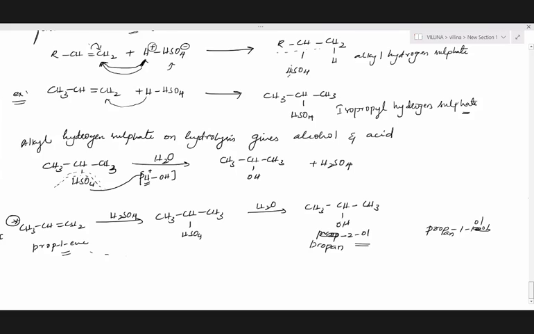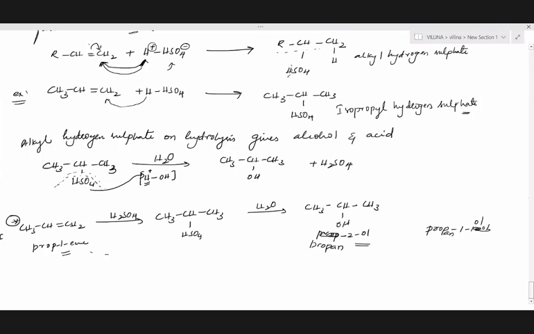Whatever alkyl hydrogen sulfate we got in the above reaction, on hydrolysis, hydrolysis means on treating with water, will give us alcohol, and sulfuric acid will be regenerated.